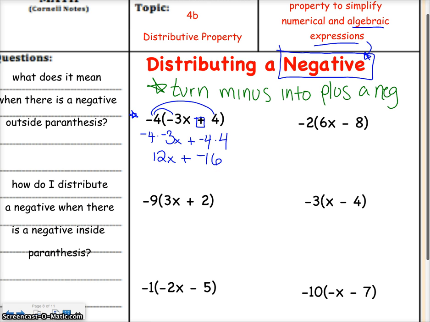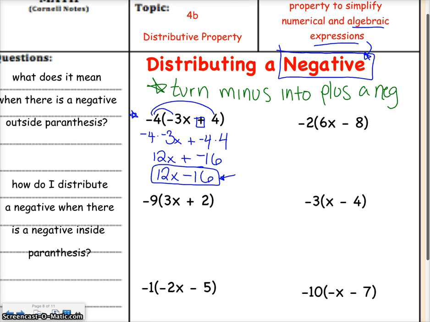And then we always rewrite plus a negative back to subtraction. So 12x plus a negative 16, you just turn it back to 12x minus 16. In your homework, if you leave it as plus a negative, I am going to be okay with that because my learning target for you is to make sure you know how to distribute. So it's equivalent to leave it as plus a negative, but I want you to get familiar that this way is always how it will be presented to you.